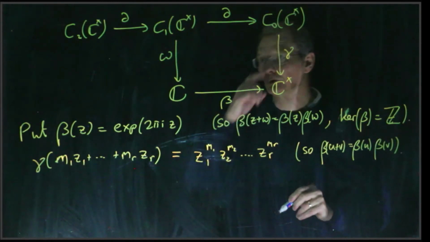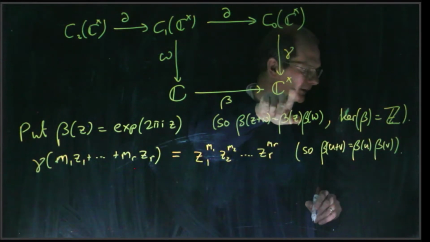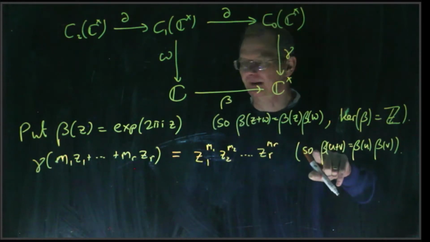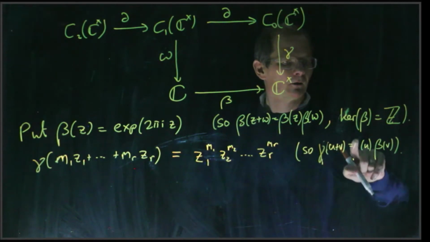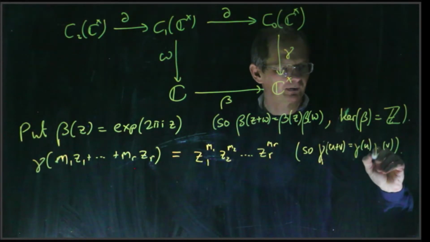So with the usual group structure, everything here is a group under addition except for this one, which is a group under multiplication. So to say that gamma is a homomorphism means that it converts sums to products, and it does.